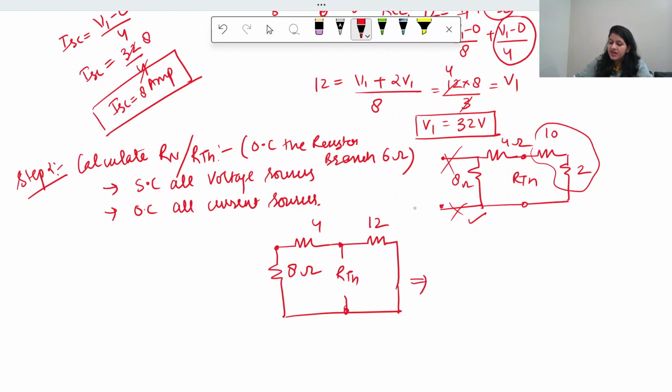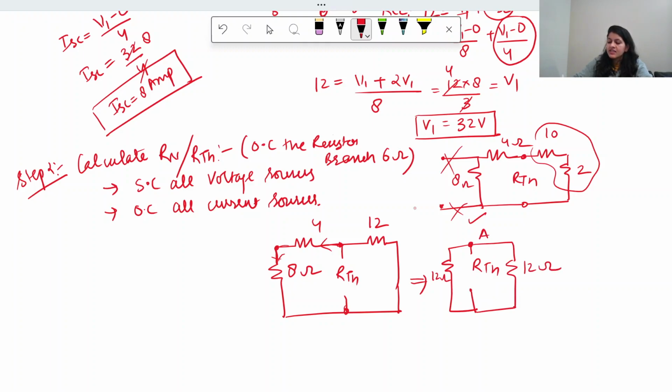We can simplify it as like here these two are connected in series because same current is going. So 8, 9, 10, 11, 12. So it is like this RTH here, here it is 12 ohm, and here also at this side it is 12 ohm, right?